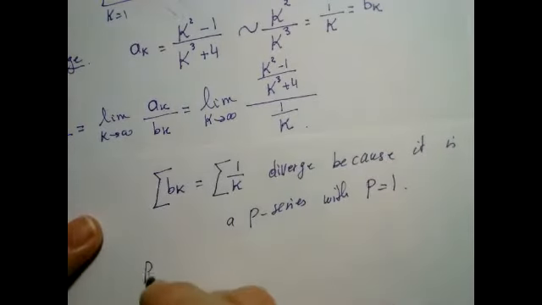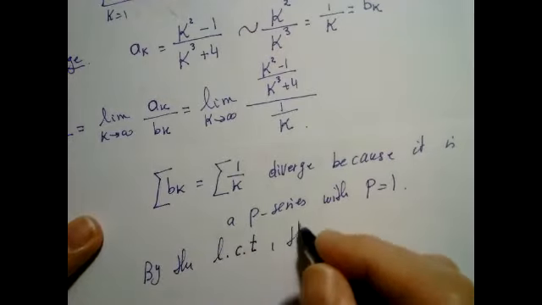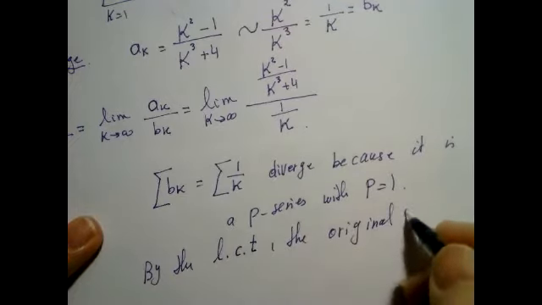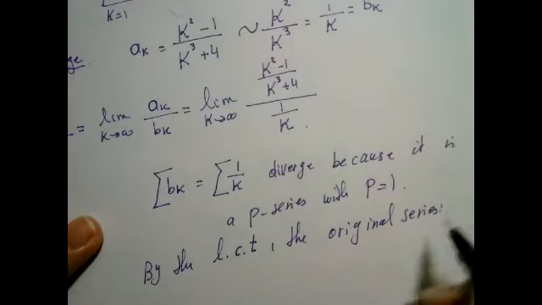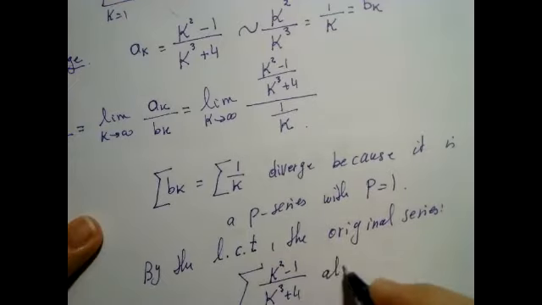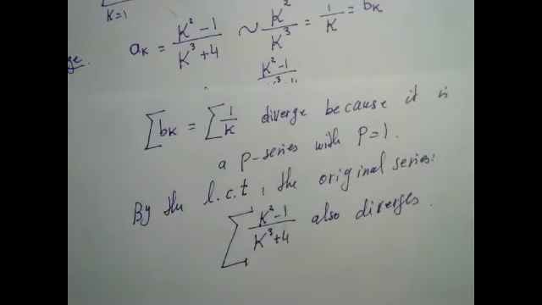So by the limit comparison test, the original series sigma K squared minus 1 over K cubed plus 4 also diverges. Okay, so that's the complete treatment of this type of problem.